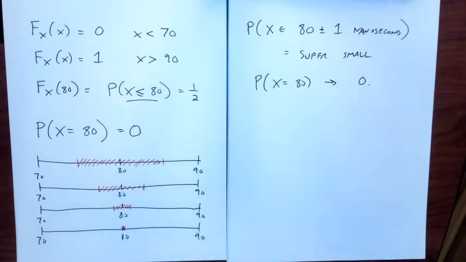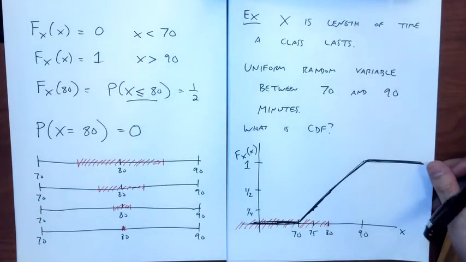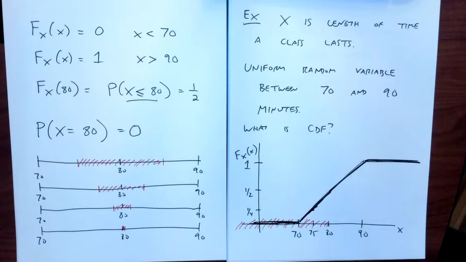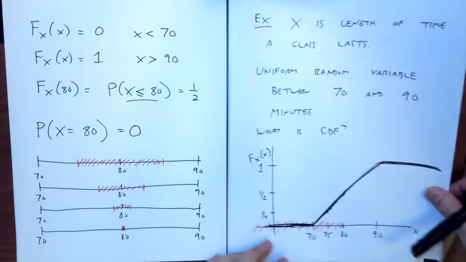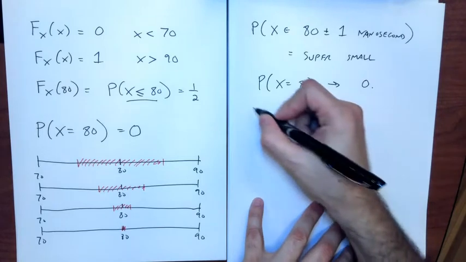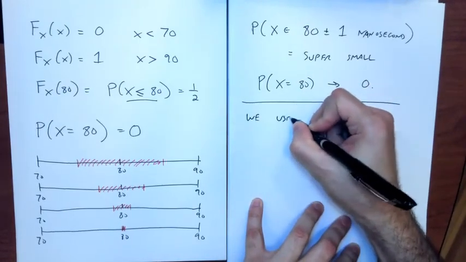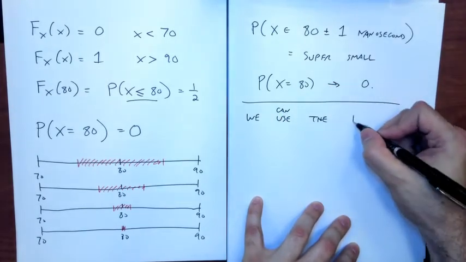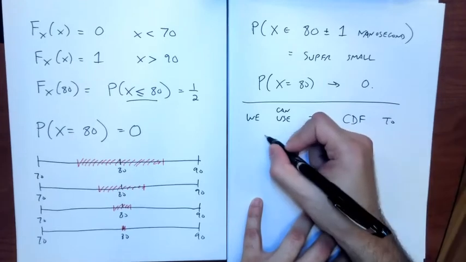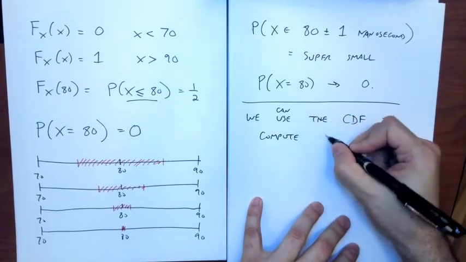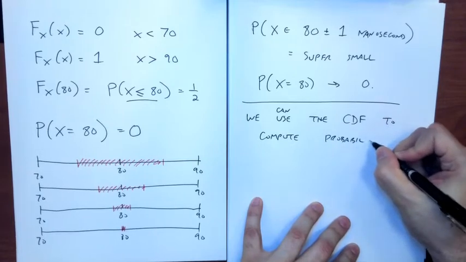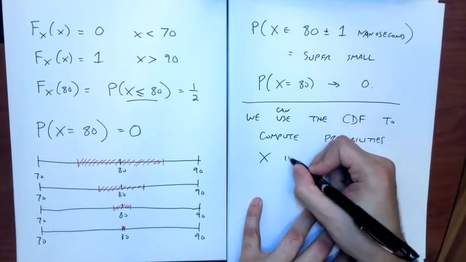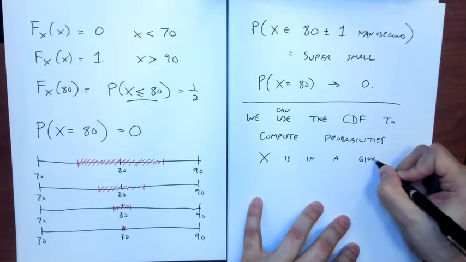But what I'm going to use the CDF for, and what the next homework is about, is this: now that I've got a description of how the random variable behaves, I can get the probabilities for any interval that I want. We can use the CDF to compute the probabilities that X is in a given interval.